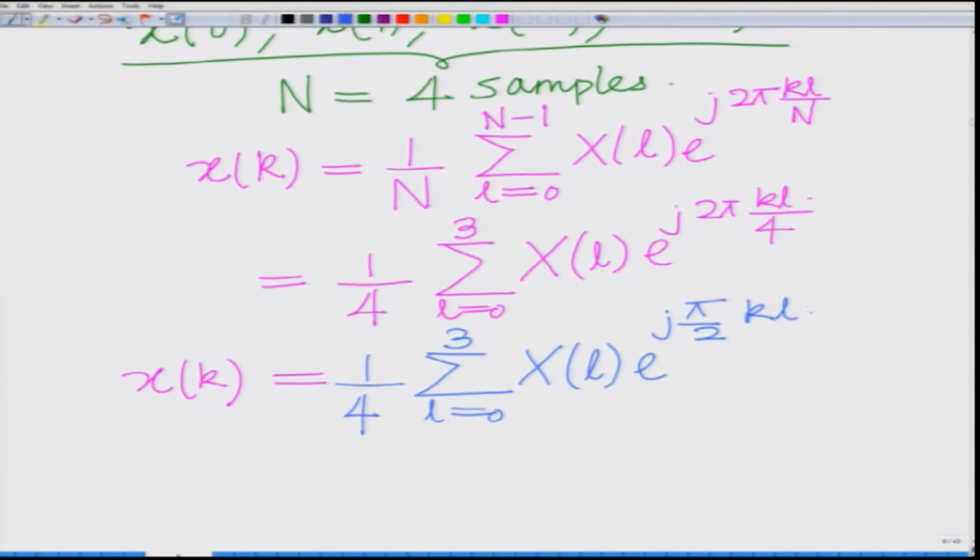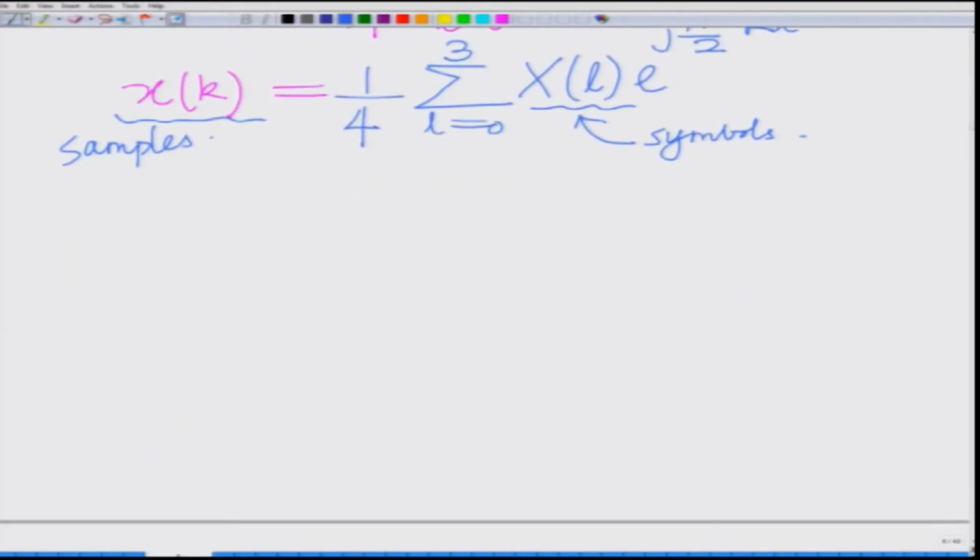So this is basically the sample. These are the symbols loaded onto the subcarriers, that is your BPSK, QPSK symbols, etc., and these are the samples. And now we said we want to transmit the samples, but we do not transmit the samples as they are.